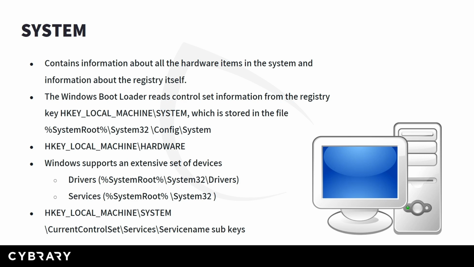Typically, several control sets exist, with the actual number depending on how often system configuration settings change. The kernel creates the registry key, HKey local machine hardware, which contains the hardware data collected at system startup.